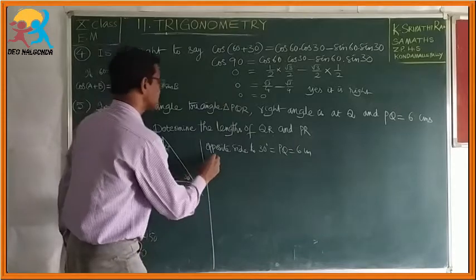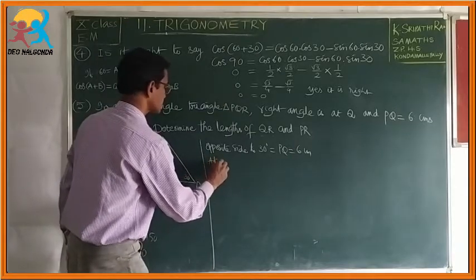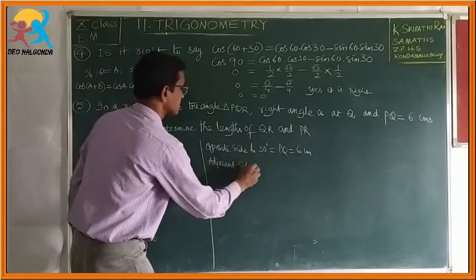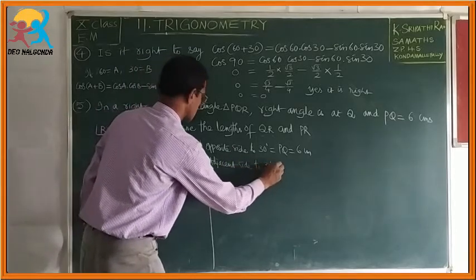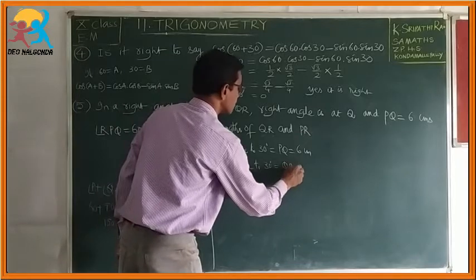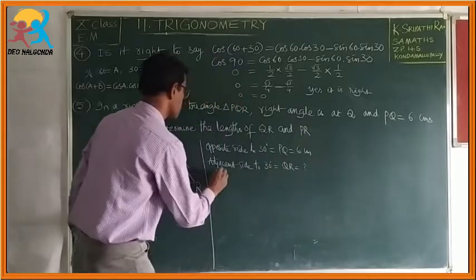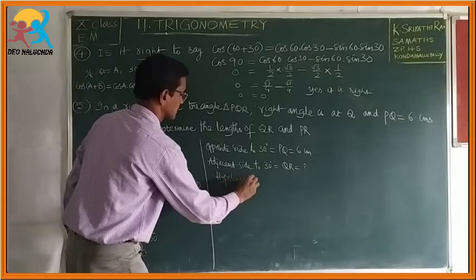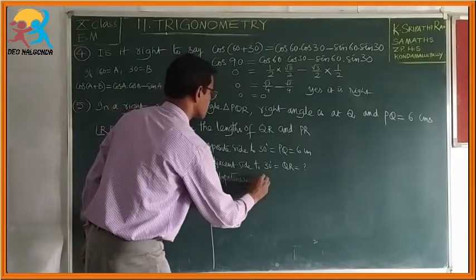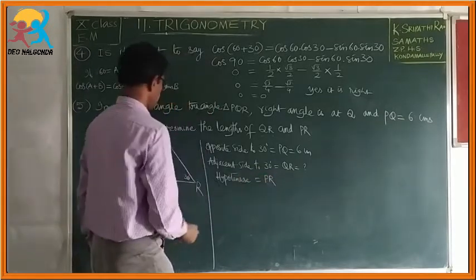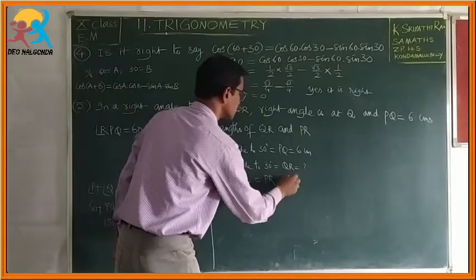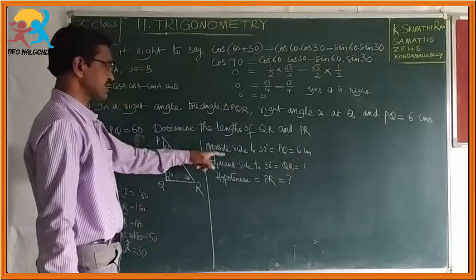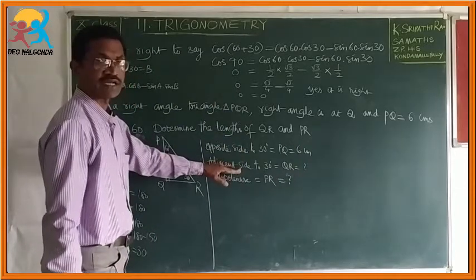Then adjacent side to 30 degrees is QR. We don't know it. Hypotenuse is PR. We don't know that either, we have to find it here.